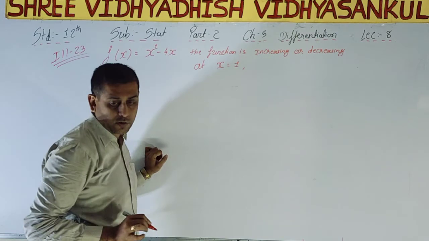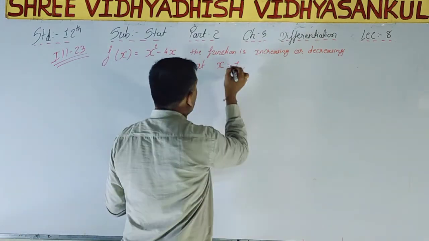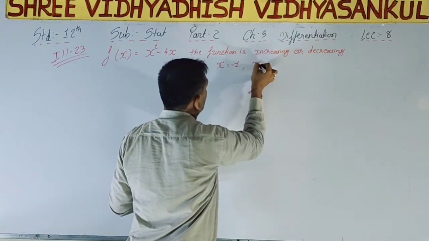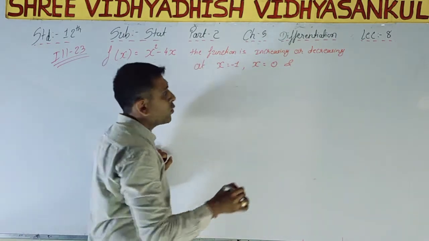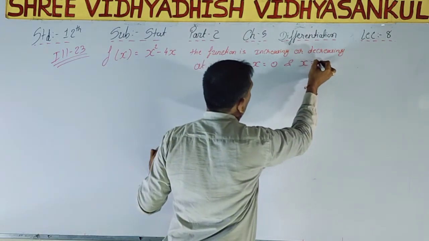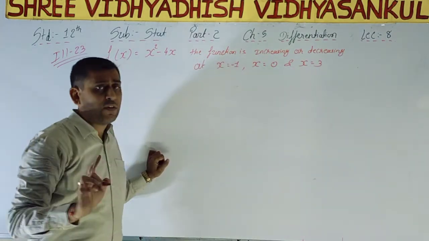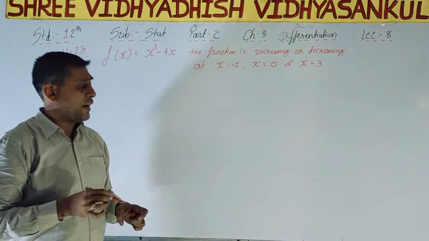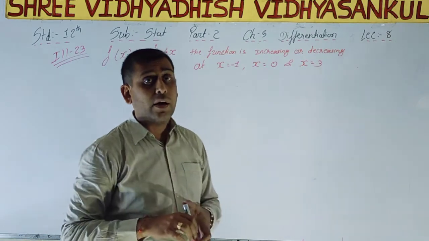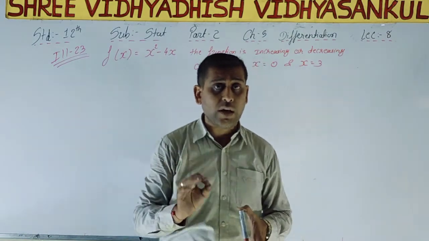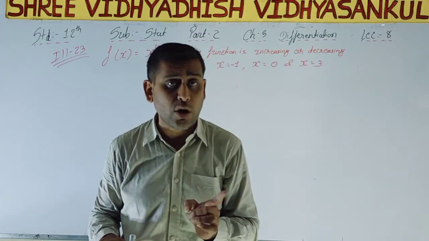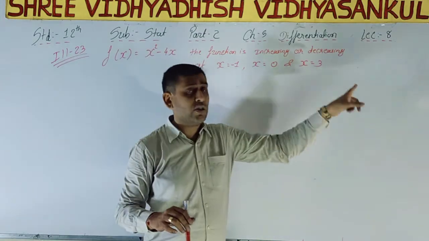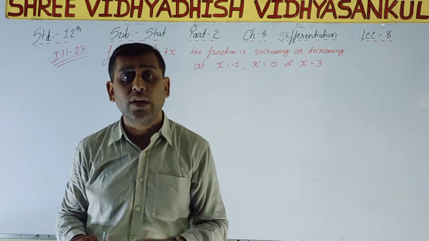That is your first. x is equal to minus 1, then x is equal to 0, and x is equal to 3. We have to find out these three values. At x is equal to minus 1, is the function increasing or decreasing? Then at x is equal to 0, and at x is equal to 3, is the function increasing or decreasing?